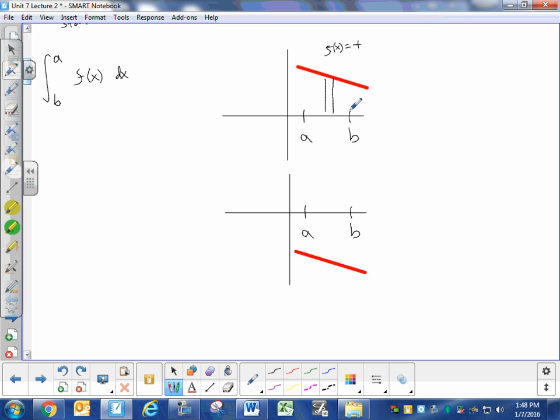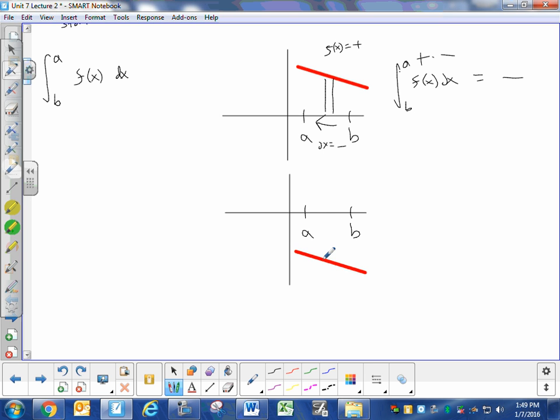But I'm taking an infinite sum starting at B and traveling to A. That is going in the left direction, which means my dx, not my delta x, my widths, is actually going to be negative. So all of a sudden, from B to A, or if you consider this 3 to 1, this area is now negative. Positive times a negative.